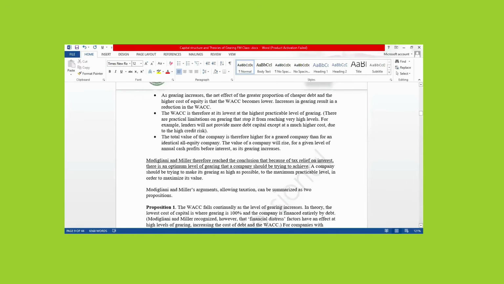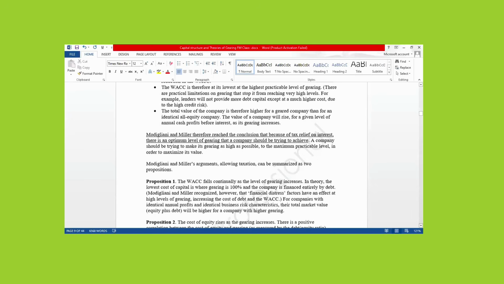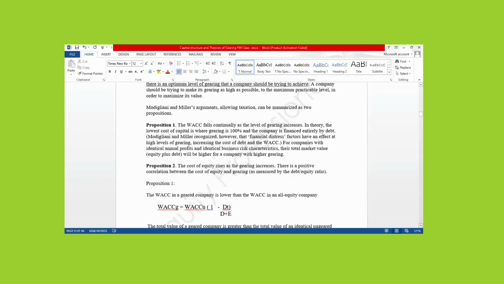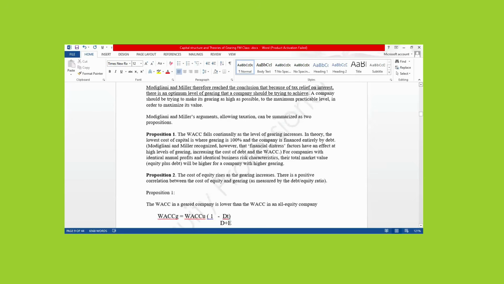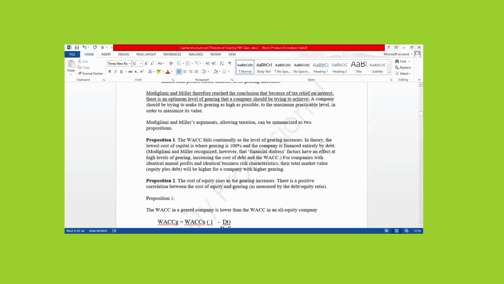Modigliani and Miller arguments with corporate taxation can be summarized as two propositions. Proposition 1. The weighted average cost of capital in a geared company is lower than the WACC in an ungeared company.